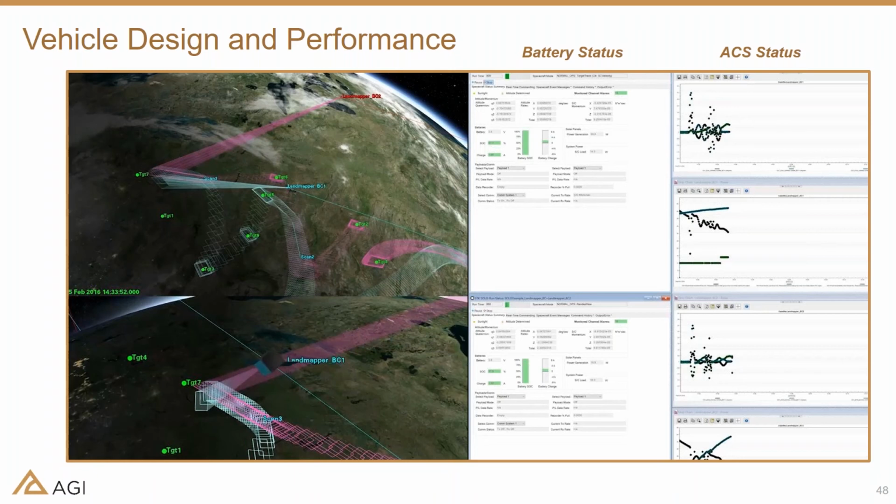So you can see the sensor footprints as the satellites go through their targeting sequences that were defined using the scheduling model. The attitude control system handles the pointing, and you can see on the right-hand side the panels that represent the performance of the power subsystem and the actual performance of some of the attitude control elements.